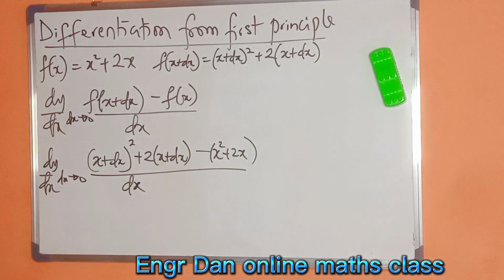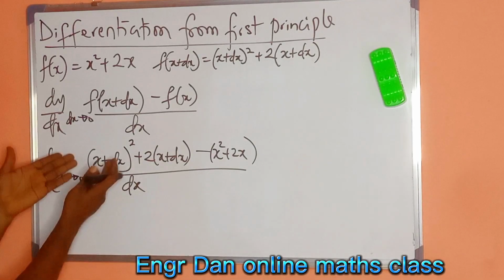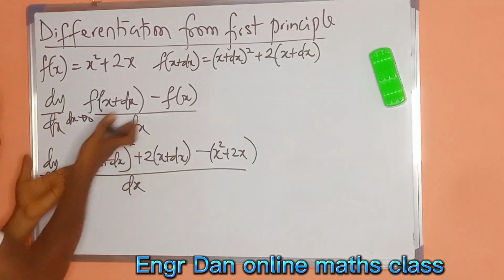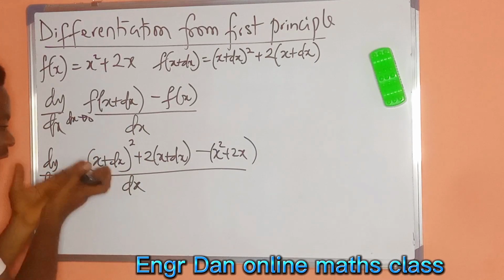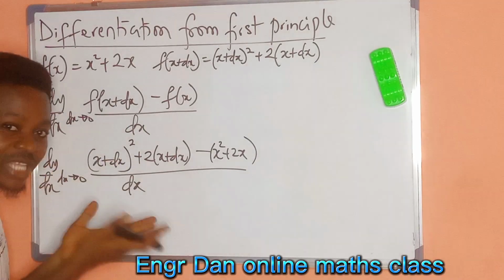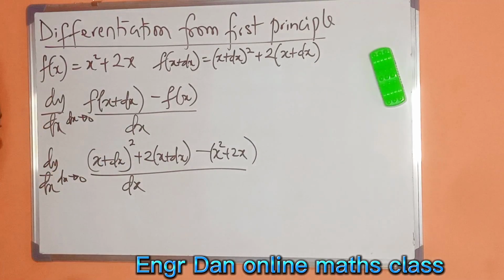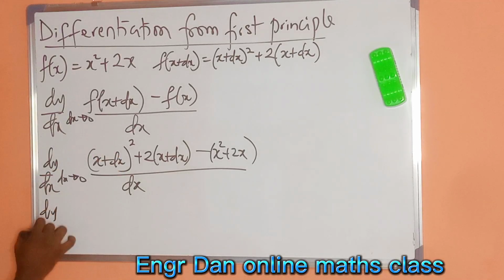What you do now is expand x plus dx all squared. This means x plus dx times x plus dx, so you have to expand this. Alright, let's continue. dy/dx as dx tends to 0.